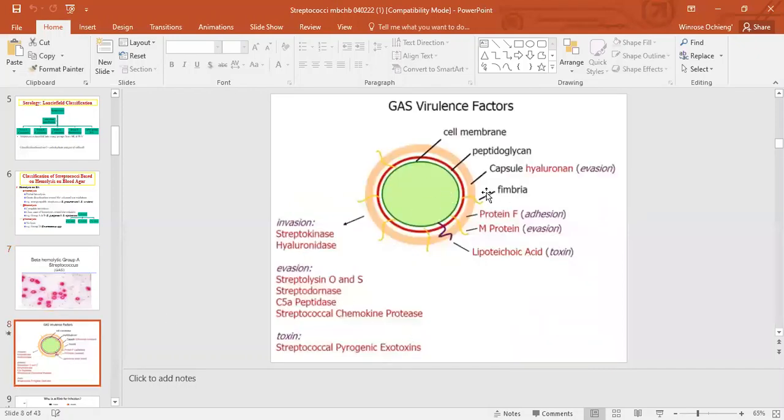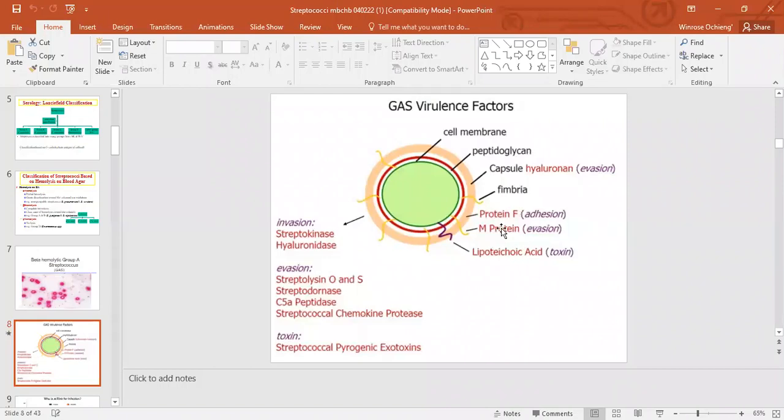So these are the virulence factors. This is the cell wall. I know you did this in your introduction class. We were able to see how these bacteria do host interaction, and what they use to be able to cause disease, why these bacteria are able to be virulent.